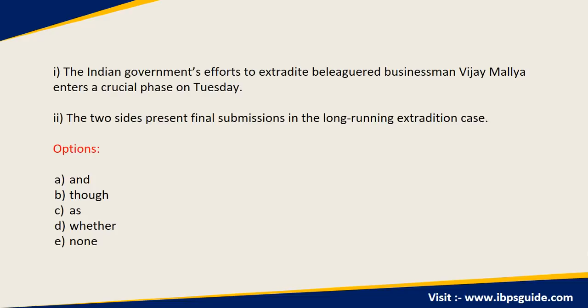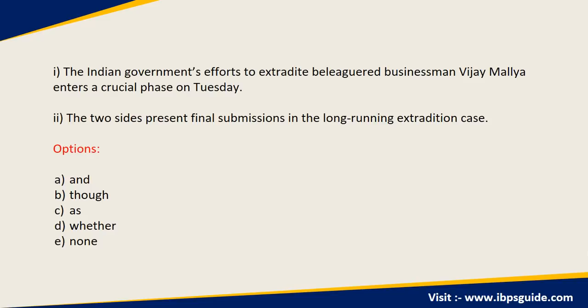The next option is whether. Now, whether is used when you're expressing doubt or you're expressing a choice between two alternatives. So this does not show a cause and effect relationship either, which means that it does not fit into this sentence, and that is not the correct option.